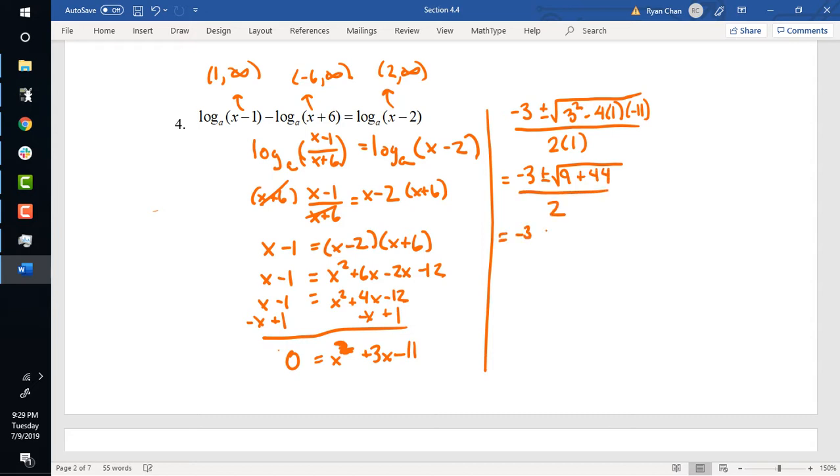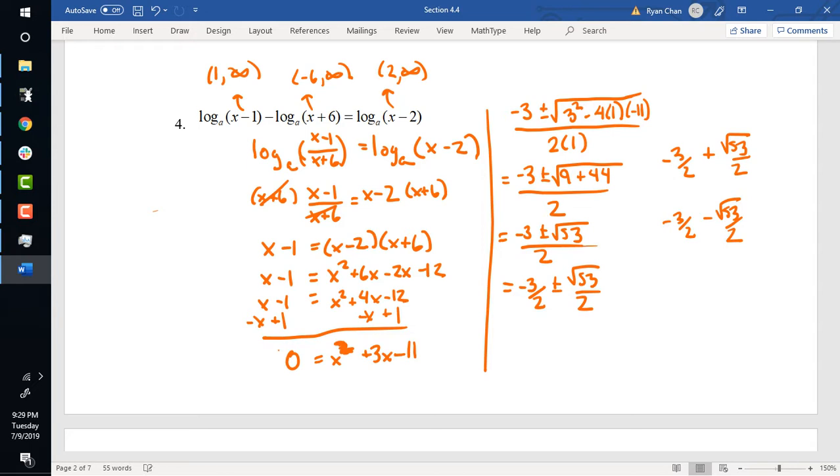This is -3 plus or minus square root of 53. Okay. So my two answers are -3/2 plus square root of 53 over 2, and -3/2 minus square root of 53 over 2. Okay. Now here's the thing.